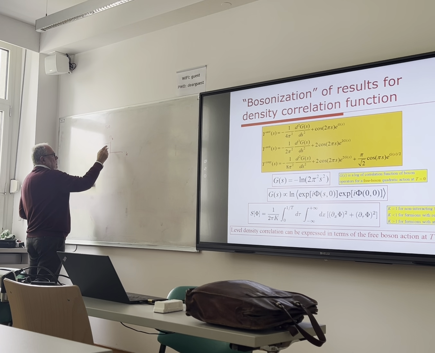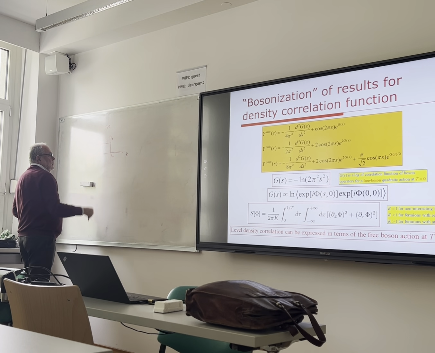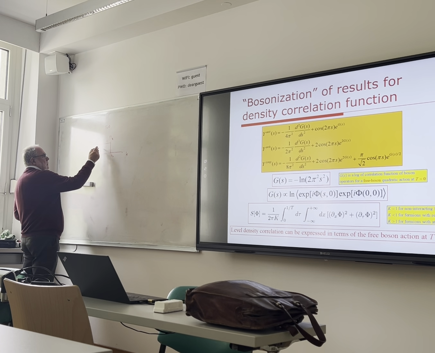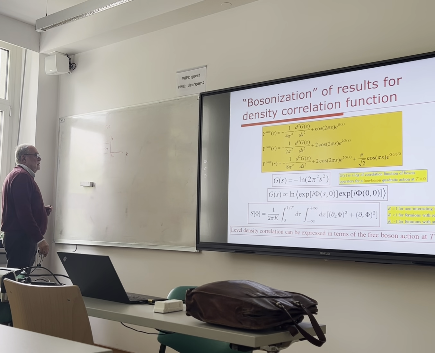So the occupation number is 1 if momentum is smaller than the Fermi momentum, and it is 0 otherwise. And these are non-interacting fermions.